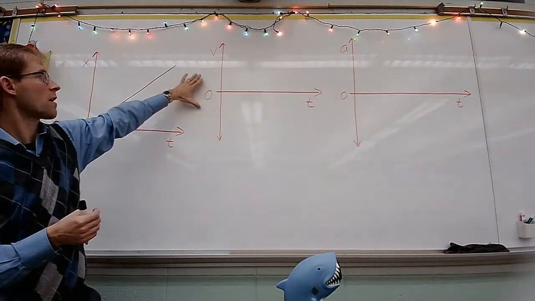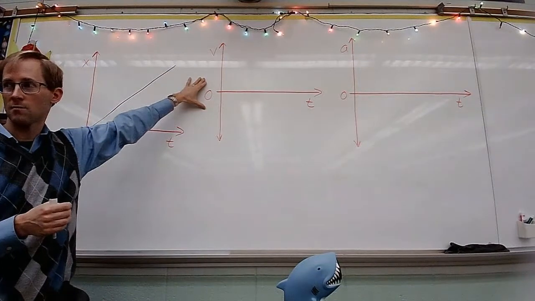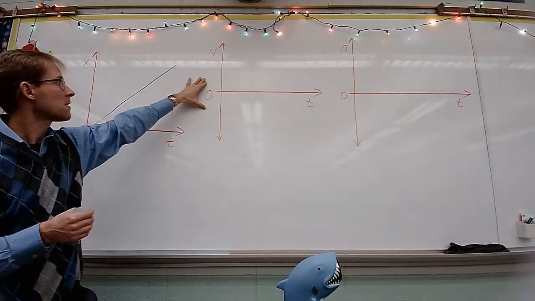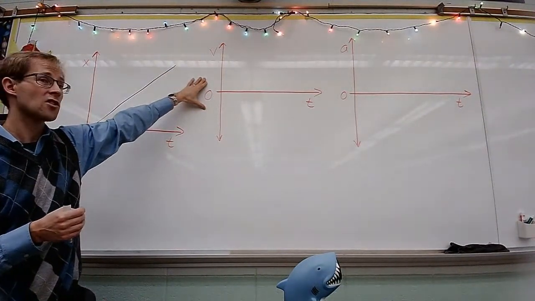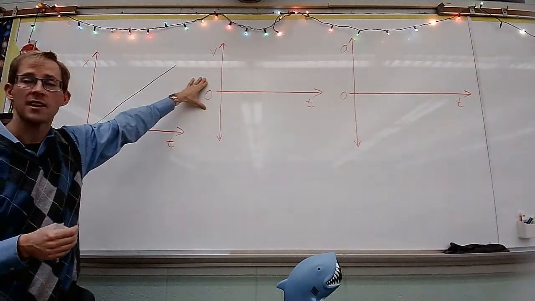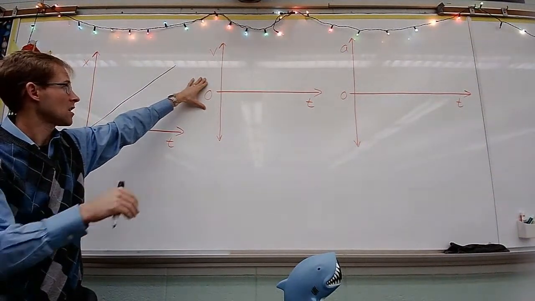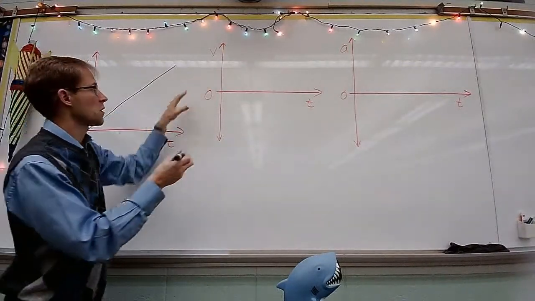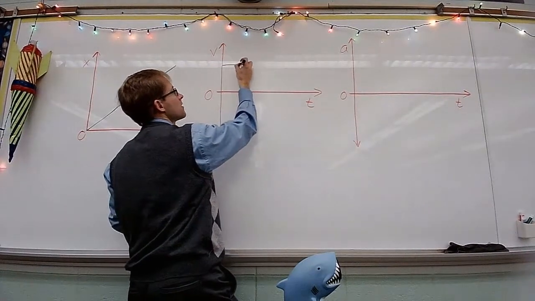Because this is a graph of velocity time, it doesn't tell us exactly where we start. What matters, though, is where we're headed. In this case, we're headed away from the origin, which is the positive direction, which means this is going to be a positive velocity.